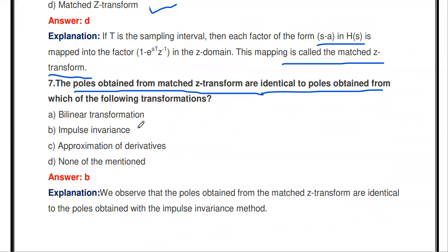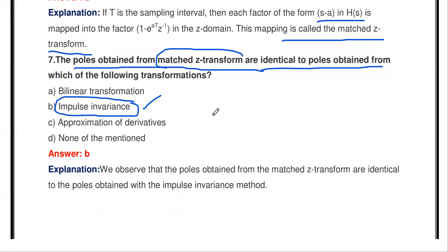Bilinear transformation, impulse invariant method, approximation of derivative, or none of the mentioned. Impulse invariant. So the poles obtained in the matched Z transform are identical to the poles obtained by the impulse invariant method. In these two methods, the poles are identical.